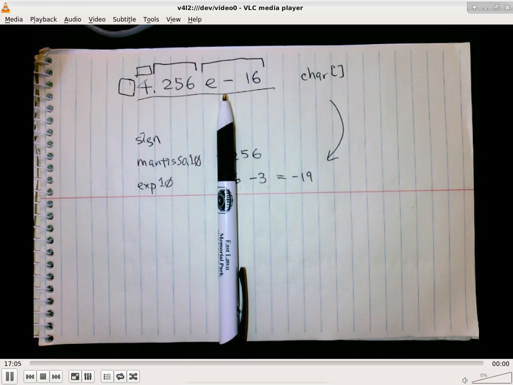You need to look at this sign here, which is optional. If you don't see a sign, it is non-negative. If you see a sign, it can be positive, which means you keep the default sign, or if you see a negative sign, then you are looking at something negative, so you have to track that. This thing has its own local variable to store the sign of the exponent.